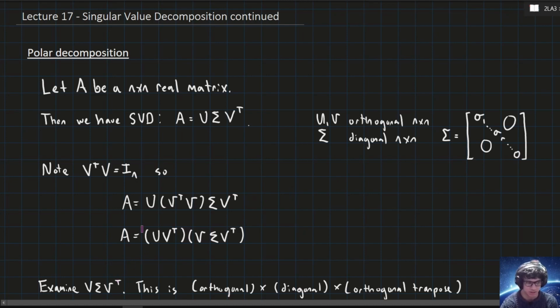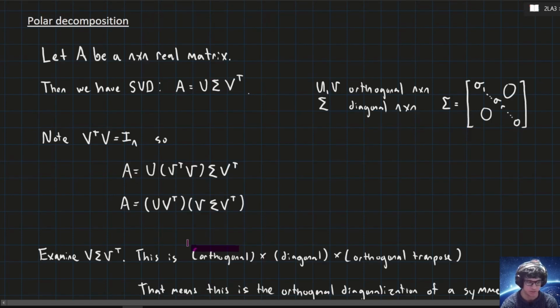Now I'm going to examine this new form of A that I have here. So let's look at the second factor first. Examine V sigma V transpose, and we notice that this is of a special form we recognize. This is an orthogonal matrix times a diagonal matrix times the first orthogonal matrix transposed.